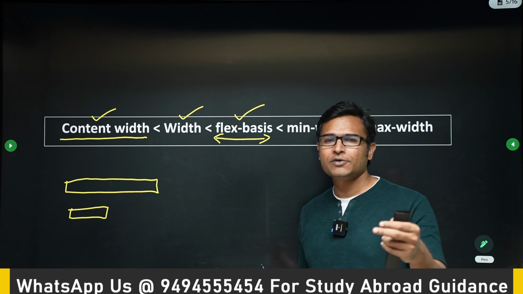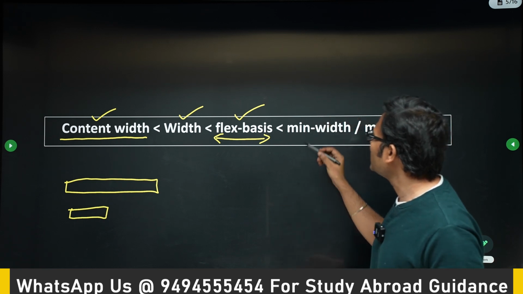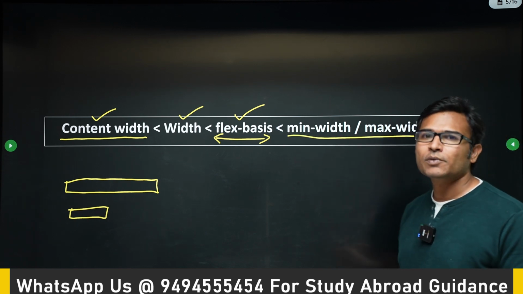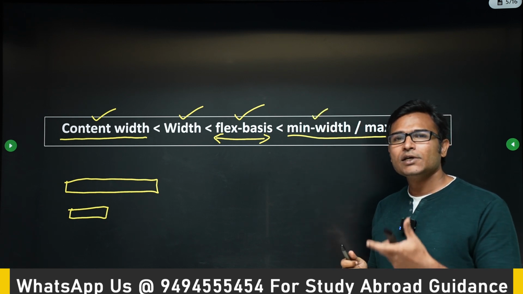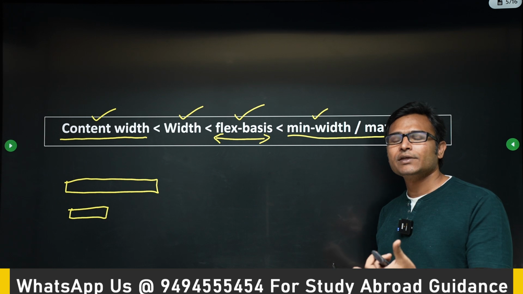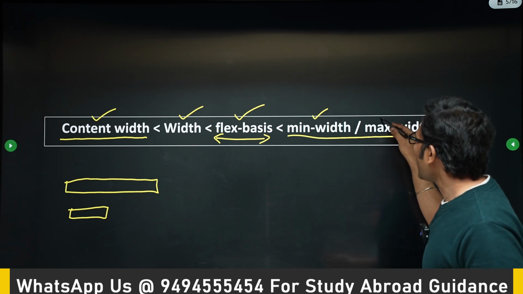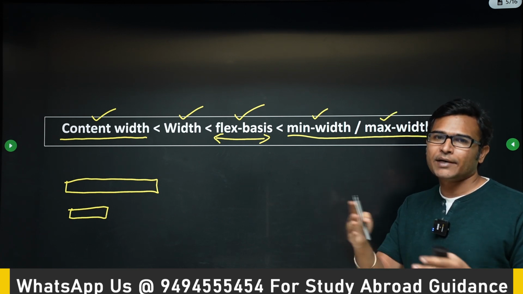If it is a column direction flexbox, then it is going to act as height. Similarly, you can also specify the minimum width and the maximum width. When you specify minimum width, each element is going to at least have that width, and if there is more space available, it will grow further. If you specify maximum width, then your element is not going to grow beyond that maximum width.